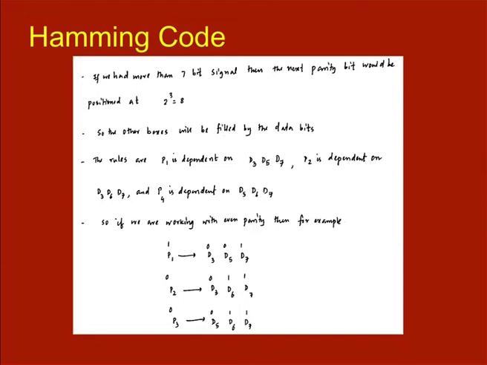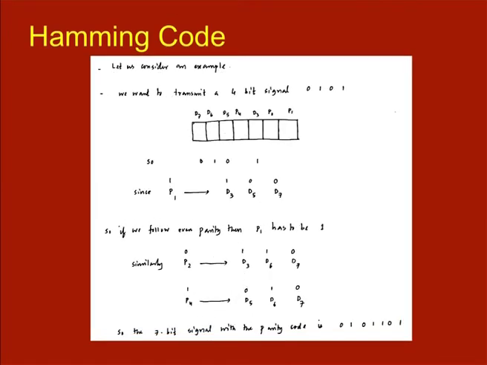Similarly, P2 will have to be 0 if we have D3, D6, D7 as 0, 1, 1, because we have to maintain the even parity. And finally, P4 is equal to 0 if we have D5, D6, D7 as 0, 1, 1. So, we found the parity bits 1, 0, 0 corresponding to the data bits.